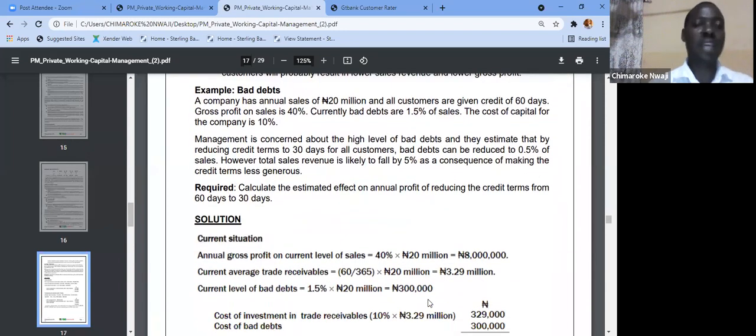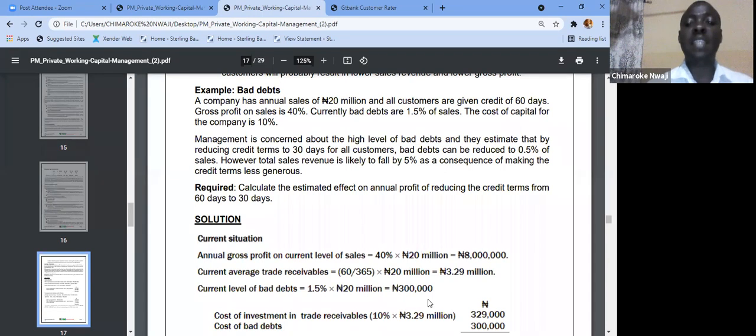Let's look at this example here. A company has annual sales of 20 million naira, and all customers are given up to 60 days to pay their debt. So that's the credit period, 60 days. Gross profit on sales is 40%, meaning that 40% of sales is gross profit.